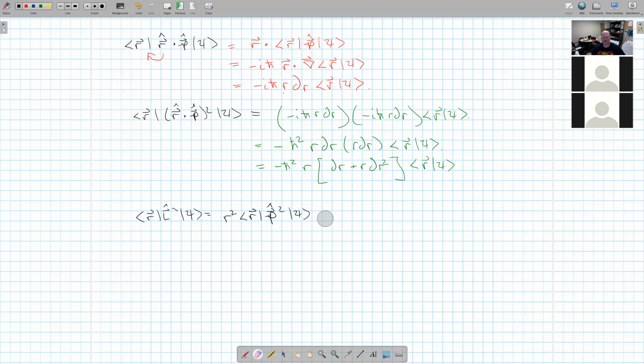So I'm going to get then a, let's do it this way. So I'm going to get a minus iħ squared times then r ∂/∂r, r psi, and then I'm going to get a minus sign from this guy. So I'm going to get then a minus ħ squared r times then ∂/∂r plus r ∂²/∂r² times r psi. Okay.